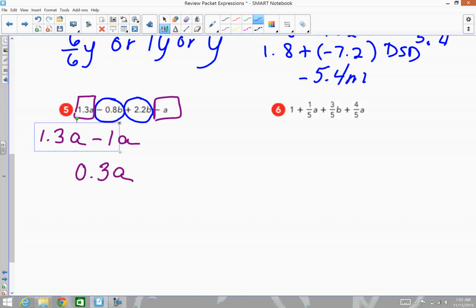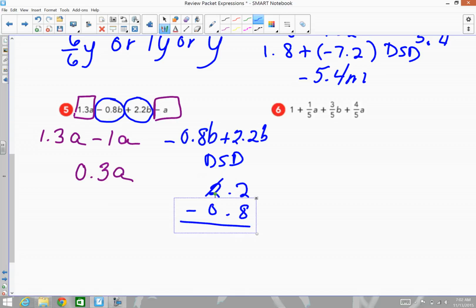But you also have to do negative 0.8B plus 2.2B, which is different sign, difference. So we subtract 2.2 minus 0.8, borrow. 12 minus 8 is 4, 1 minus 0 is 1, bring your decimal down. So our final answer here should be 0.3A plus 1.4B.